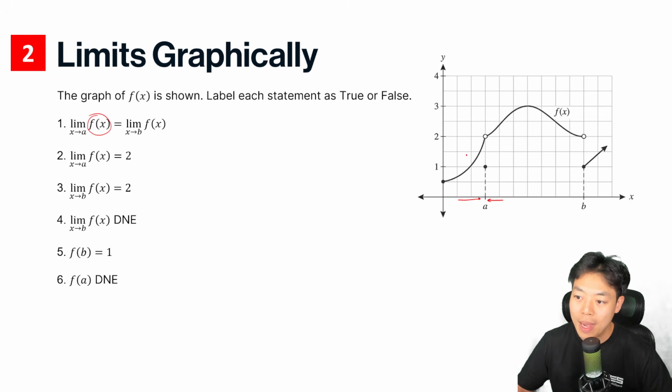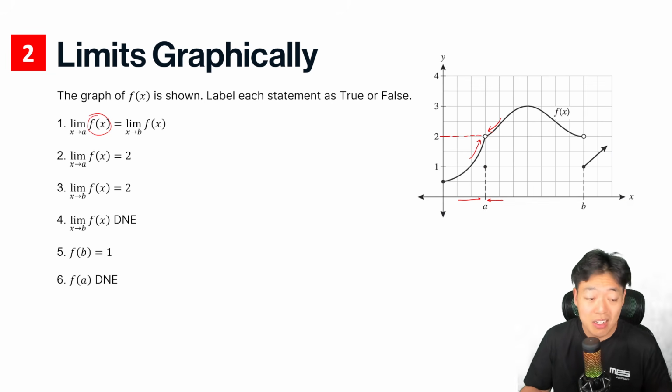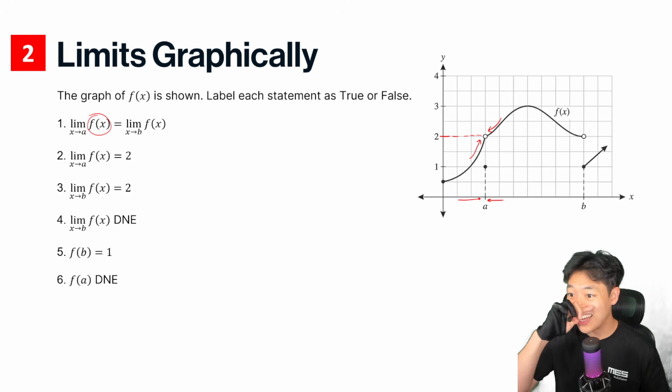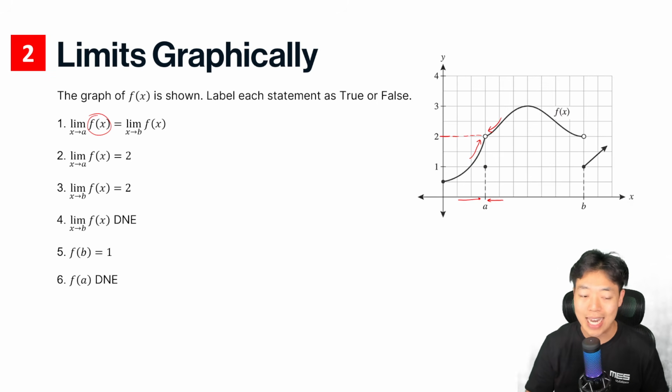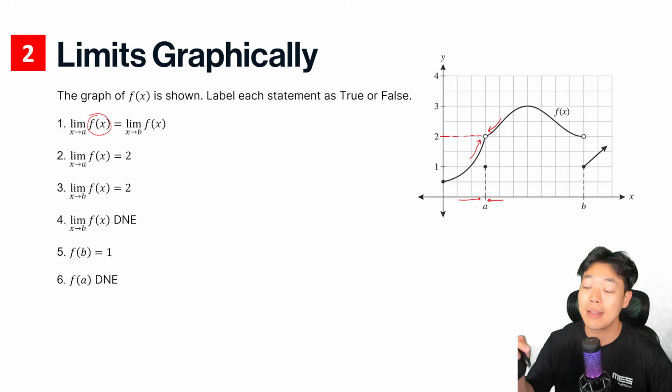As we approach a from either side, my function is approaching a y value of 2. Notice how we don't care about this closed circle here. We don't because it's not attached to the function. We are not approaching that closed circle in any way on the function when we're getting closer and closer to a. It does not matter what the function value is at that x value. The limit only cares about the approach.